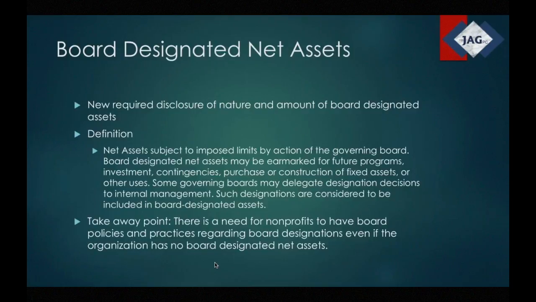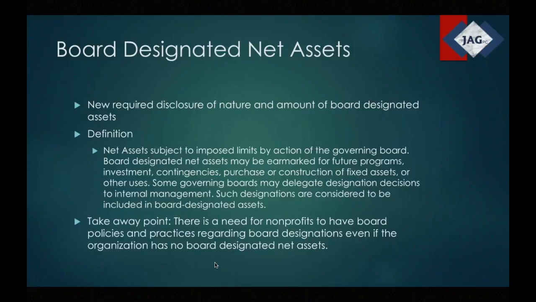Now, when you had that, the board was keeping track of that, but many times on your financial statements, it wasn't anywhere it would be seen, these designated net assets. And because of that, a user who's looking at your financial statements would not know that there were these board designations, that the board had already set aside a certain amount of money.